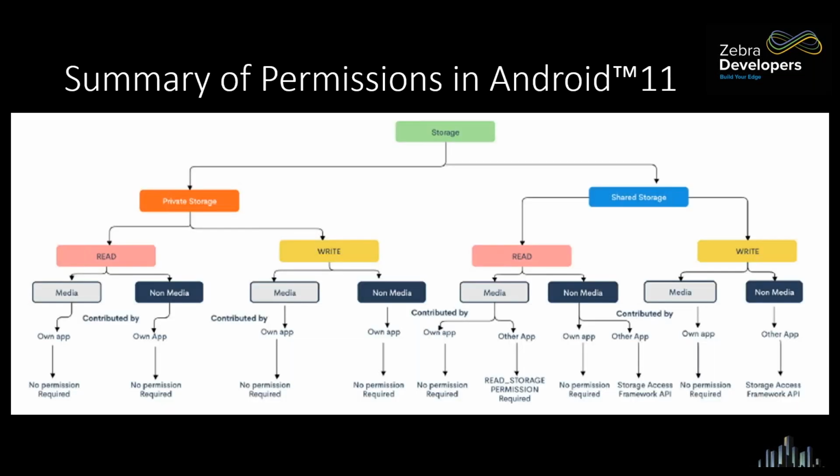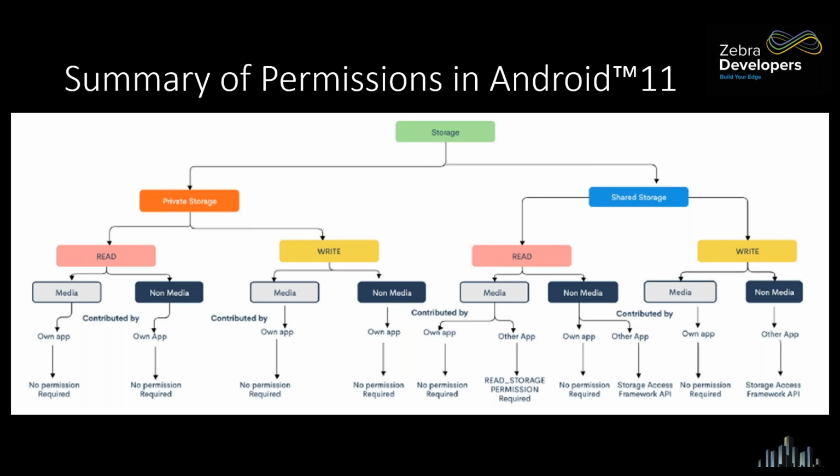In this picture, all the main cases of private storage on the left and shared storage on the right are listed, and they show when you need to ask for or declare a permission to operate with that specific branch. In the private storage, the left branch, for any read or write case, you have no permission to declare or to ask the user.